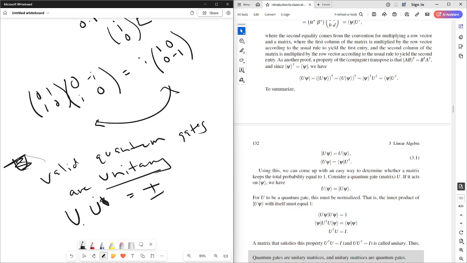And vice versa. This could be U dagger multiplied by U, and both will become the identity matrix.